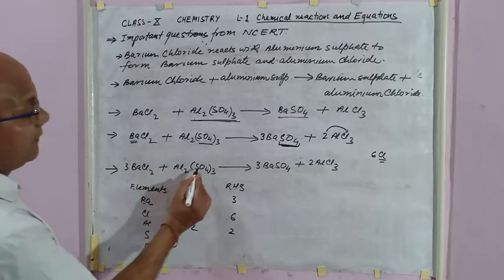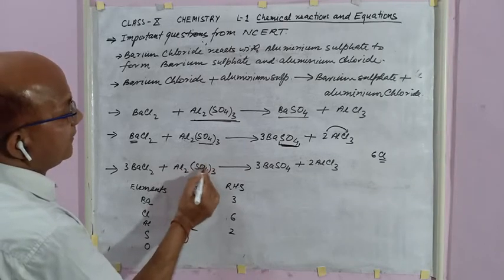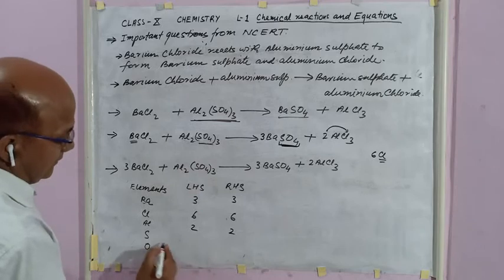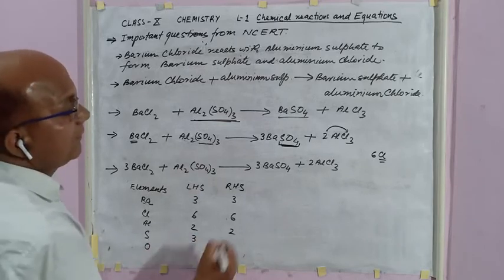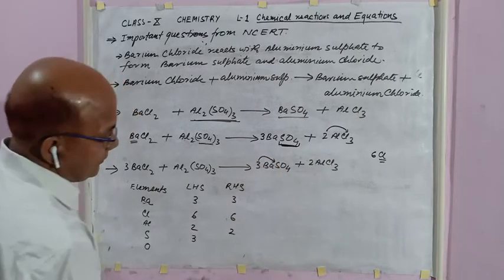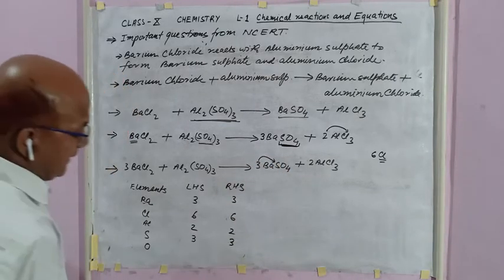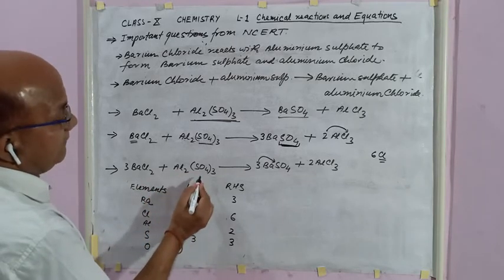Sulfur, SO4 whole thrice means this entire unit is multiplied by 3. So sulfur, there are 3 atoms, and 3BaSO4, so sulfur is also 3 on the right side. Now we will see oxygen atoms.